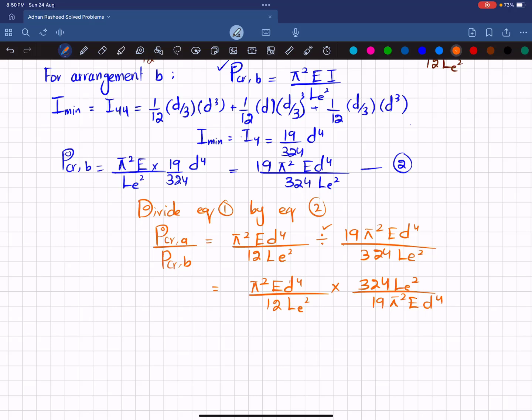So pi square will cancel, E will cancel, D power 4 will cancel, and L square will cancel. We will be left with 324 by 19 multiplied by 12. This gives us P critical for arrangement A to P critical for arrangement B.